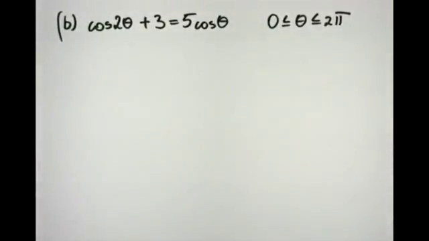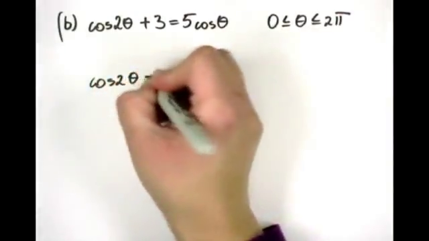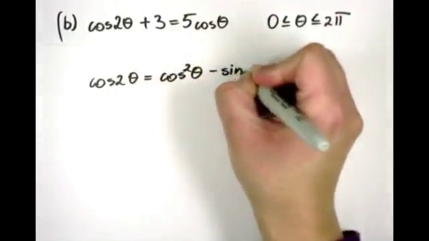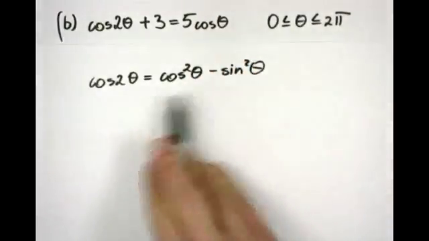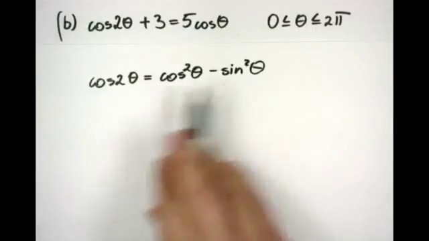So we need to have one function with one angle, the same variable. So cos 2 theta we can change. We know that cos 2 theta is cos square minus sine square. But I cannot change to this form because if I substitute, I will still have two different functions.